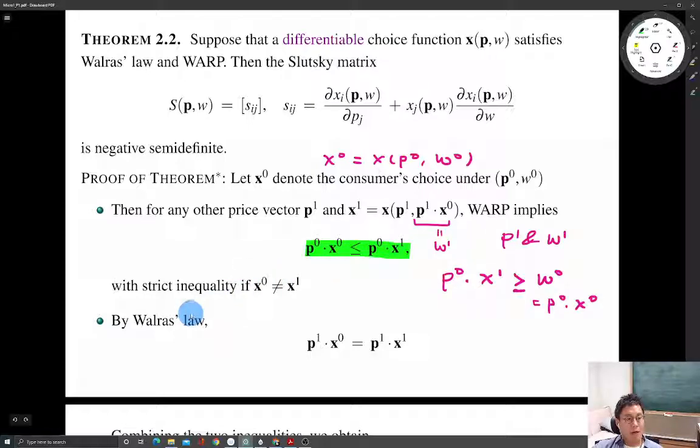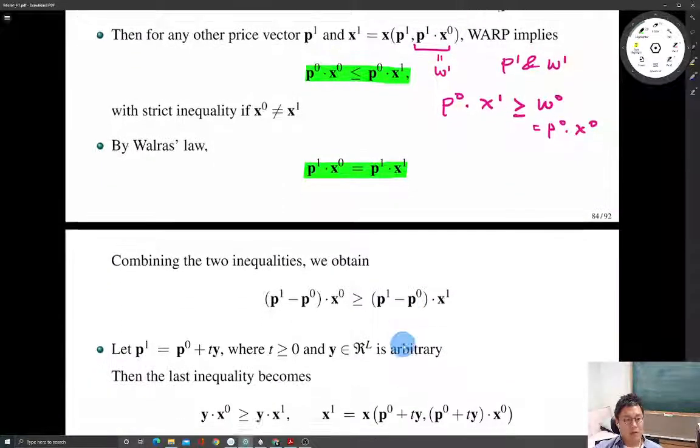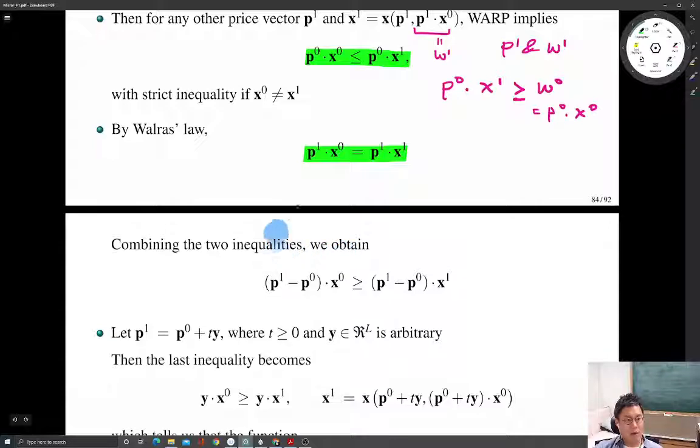So we obtain this inequality from WARP. Then if we apply Walras' law to X1, we obtain P1 dot X1. That is the actual choice made by the consumer under this budget set. By Walras' law, we must have P1 dot X1 equal to W1, but W1 is given by this, so we have this equation. Now I'm going to combine these two by subtracting this inequality from this equation.